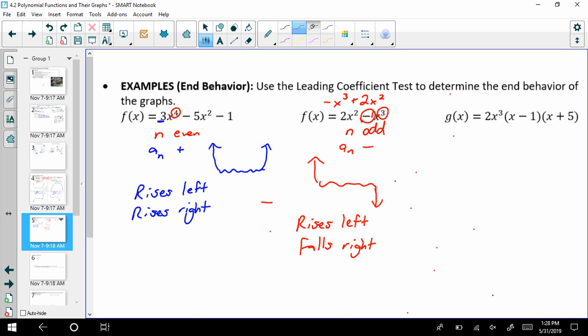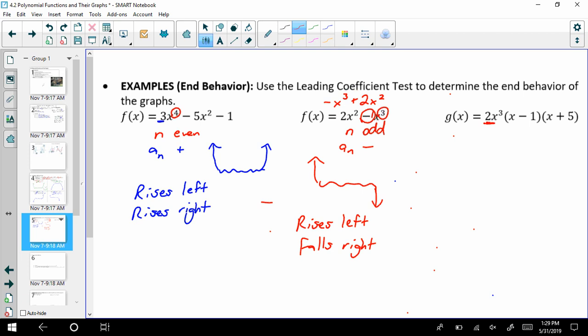And now look at the last one. The last one is in a factored form. So we don't want to jump the gun and say, oh, 3 is the largest exponent. You have to think, if I multiplied this all together, what would the leading term look like? So we're going to cheat a little bit. You don't have to FOIL this all together. You're really only concerned with the leader.